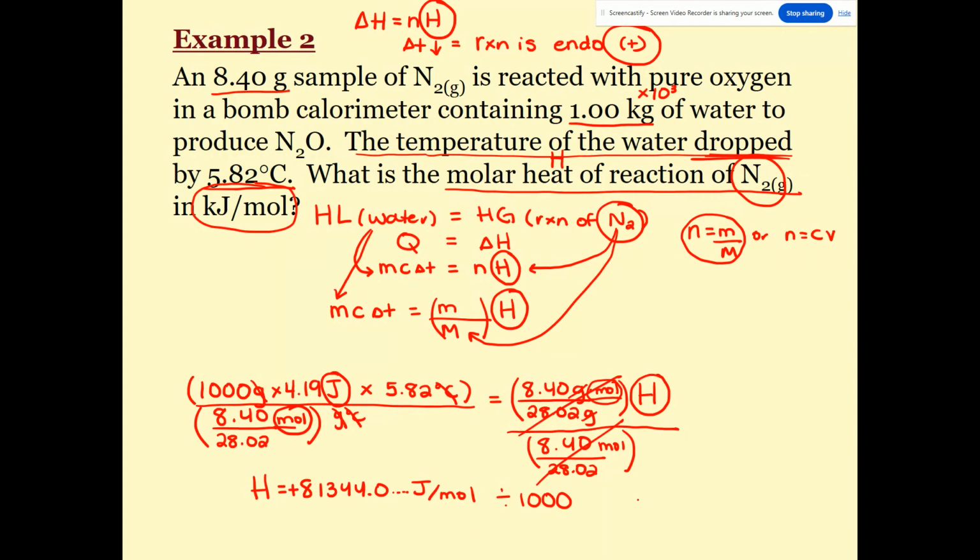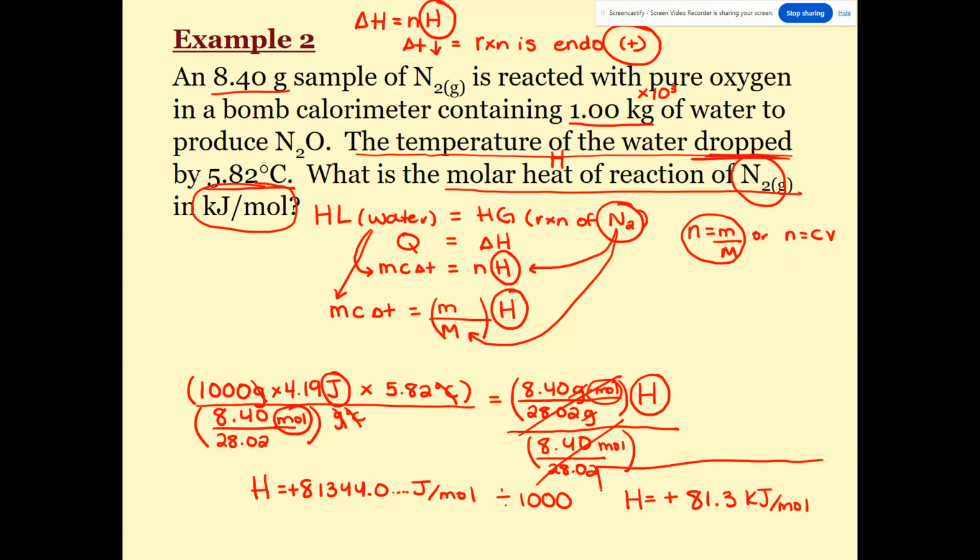Okay? It's always good to put a symbol in front of your answer so that you can make sure that you've put a negative when you need to put a negative, right? And technically you should put a positive. So it looks like I can have 3 sig digs. So this would be positive 81.3, and the units again are kilojoules per mole.